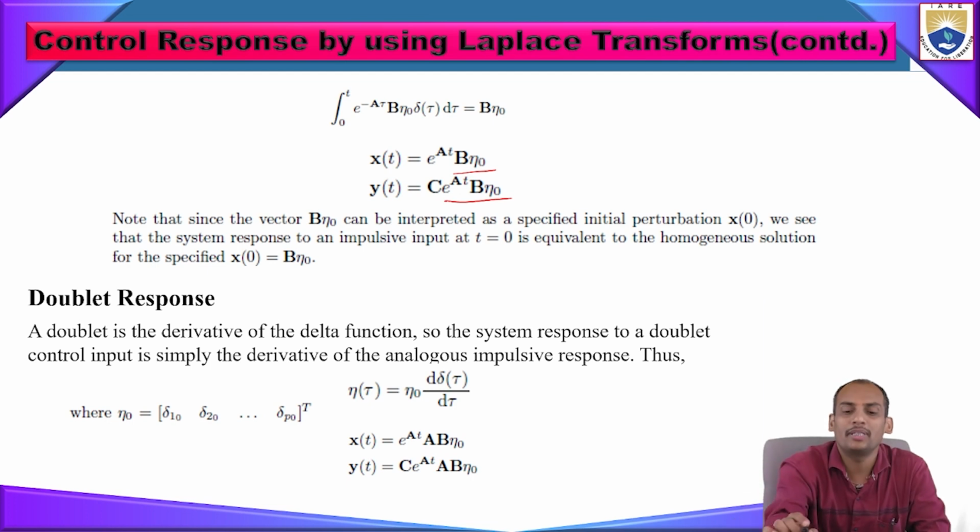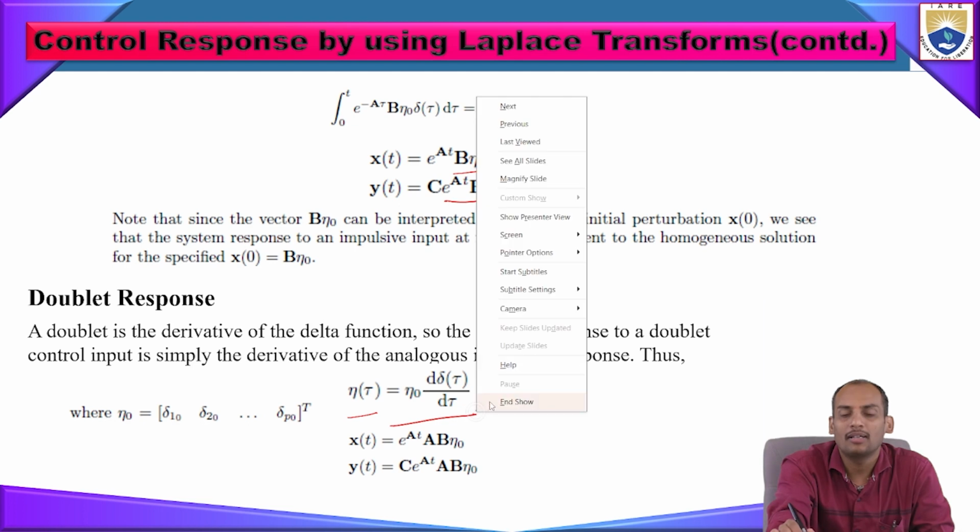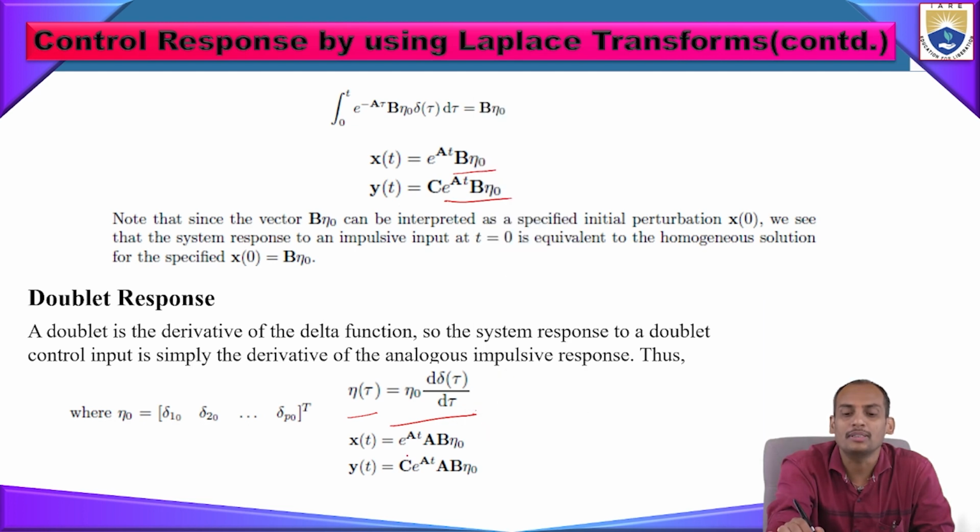Suppose you take eta of t in terms of eta naught into d delta t by d tau. If you apply the same time marching solution, we can write x of t equal to e power At into A B eta naught, and y of t equal to C A e power At into A B into eta naught.